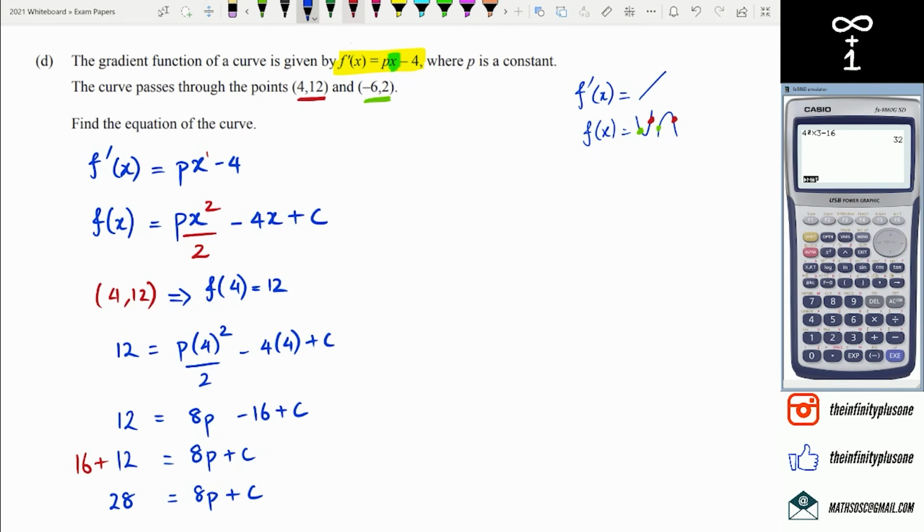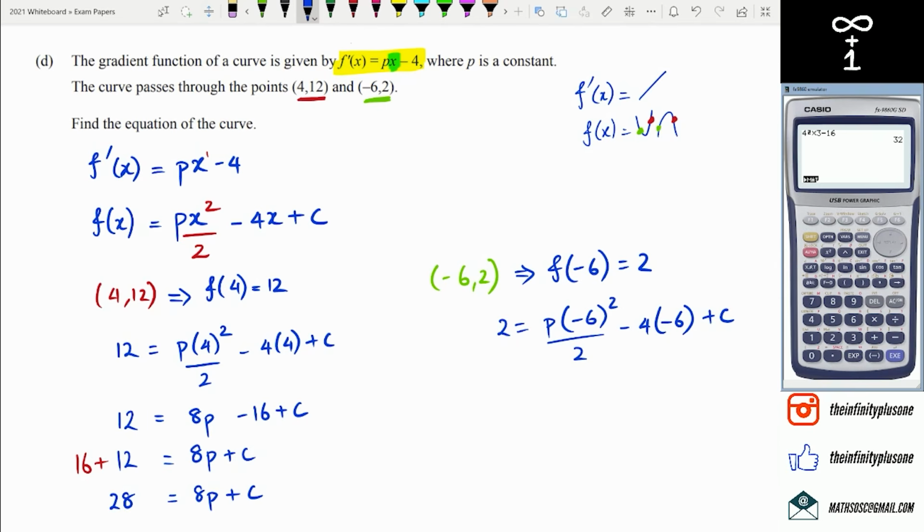My second equation is I'm going to take my second point, which happens to be negative 6 and 2. And again, because this is negative 6 and 2, we can say f of negative 6 is equal to 2. And we're pretty much going to do the same thing as what we did for the previous point. So we're going to get 2 equals p negative 6 squared over 2 minus 4 times negative 6 plus c.